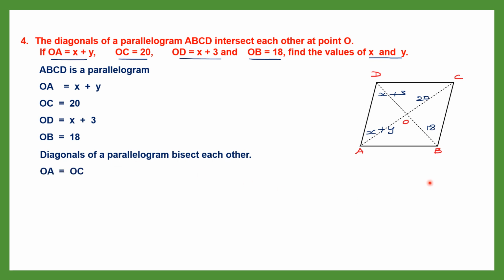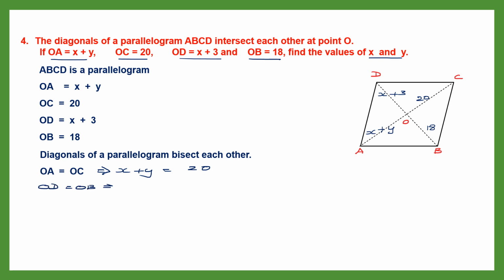That is, OA is equal to OC. That means x plus y is equal to 20, isn't it? So let's write that. This implies that x plus y is equal to 20. And look at the other one here, OD is equal to OB.